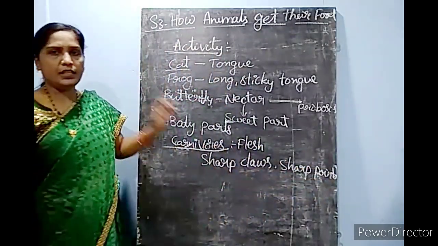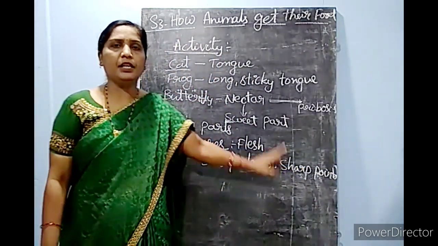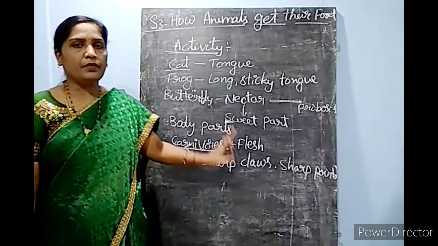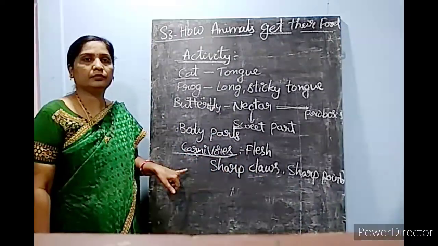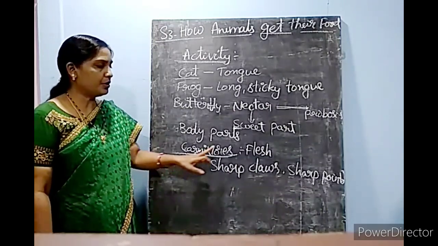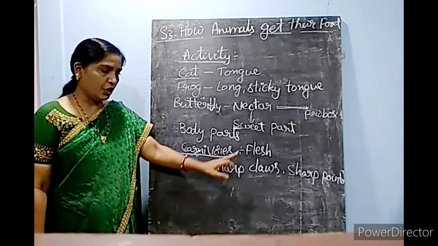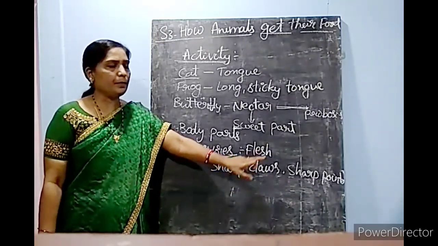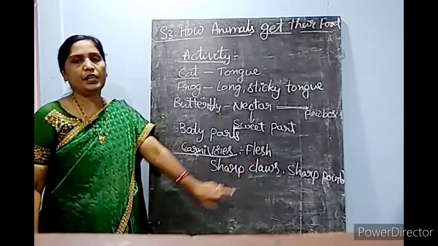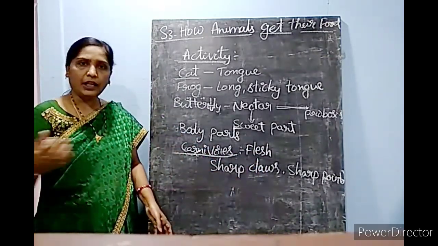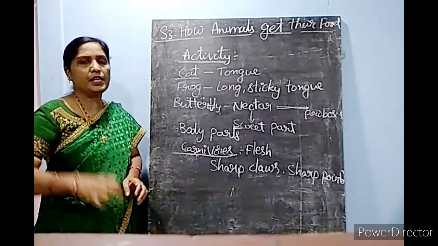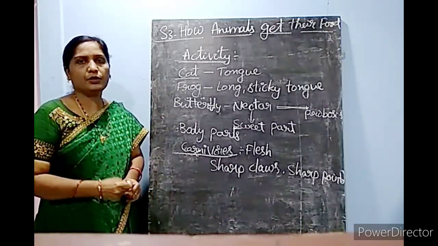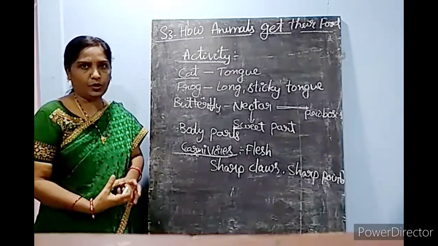With the help of these sharp pointed teeth and claws, they are able to eat their food. To collect their food, they go hunting, and to catch animals they also use their sharp claws.